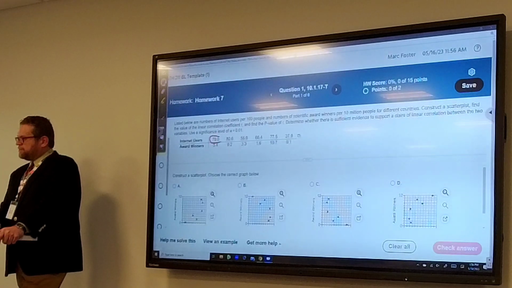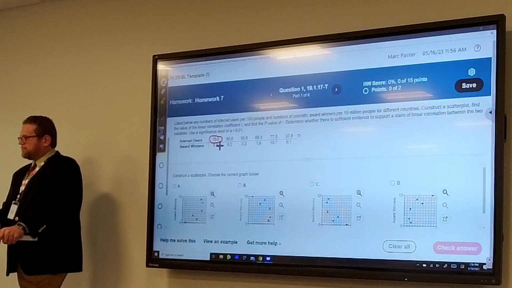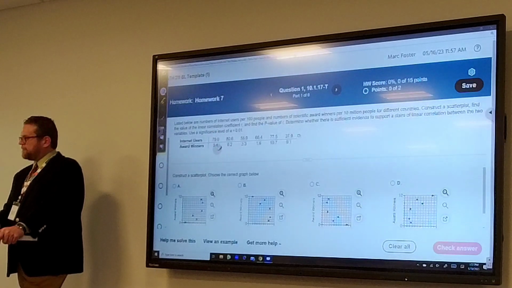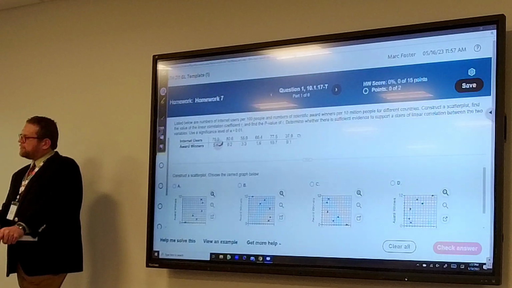So this number is the percentage, so this is some particular country, and it says that 79% of people are internet users, and that 5.4 in 10 million of people in that country win scientific awards.